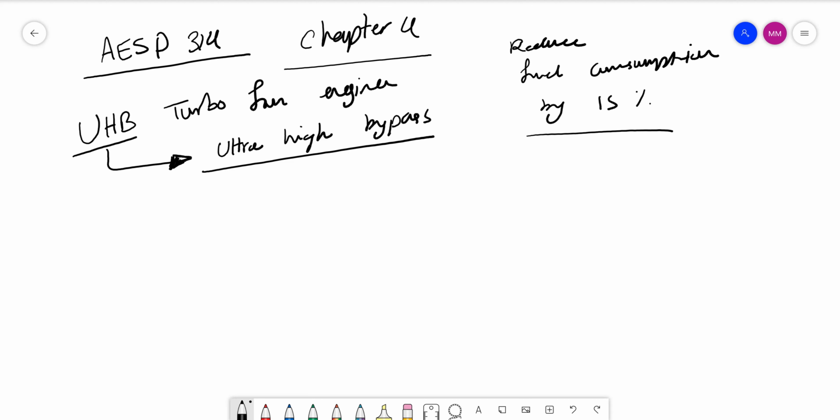That's a nominal value, of course, and it also can cut noise by 20 decibel margin. So for commercial airliners, this is a very good achievement, right? They all want to reduce the fuel consumption and cut noise as much as possible.